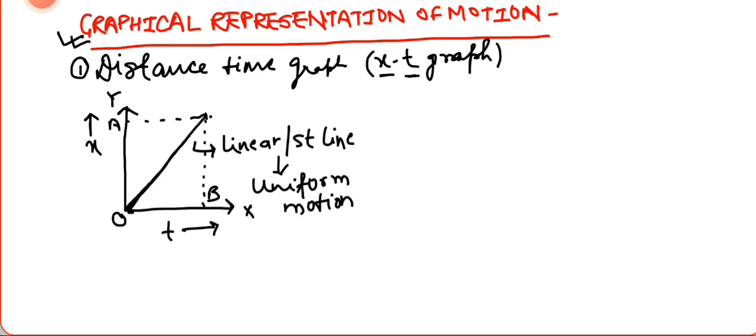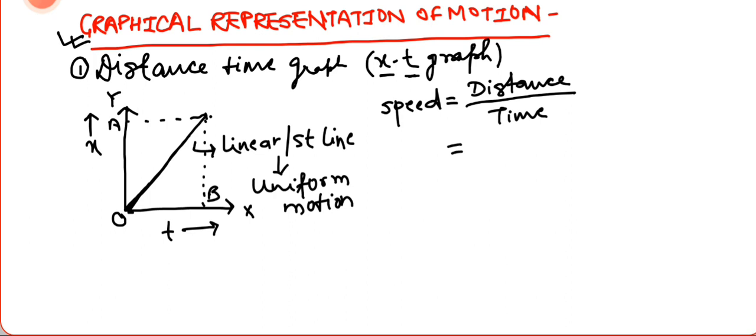Now from the formula that we have studied earlier, speed is equal to distance upon time. Speed is equal to distance per unit time. Here students, what is the distance? The distance is OA, because the vertical axis is representing the distance.